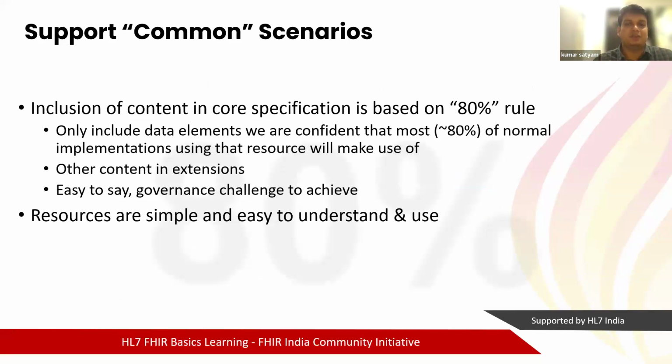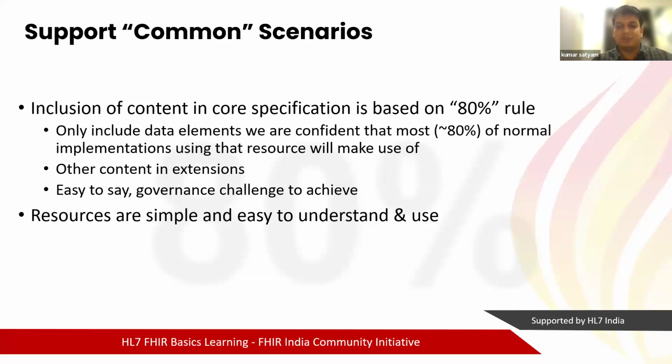Support for common scenarios. This is another thing that FHIR has done differently from other standards, for example, the V3 standard. The base specification does not have to worry about everything about the world, or model everything that is there in the healthcare world.